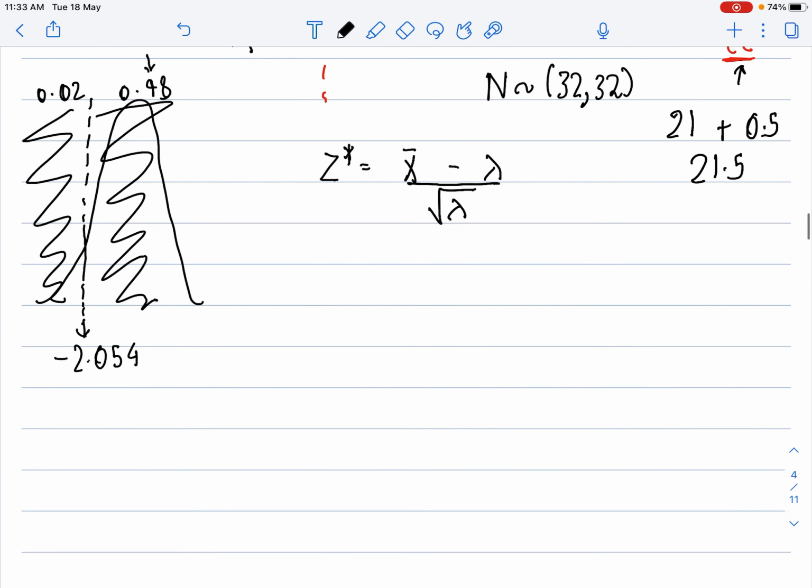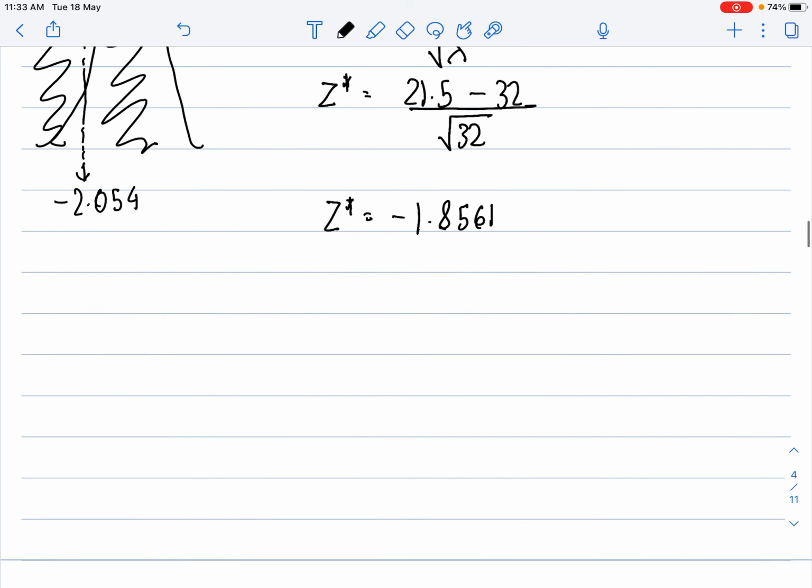So z star is 21.5 minus the lambda, 32, over the root of 32. On the calculator, I get minus 1.8561.